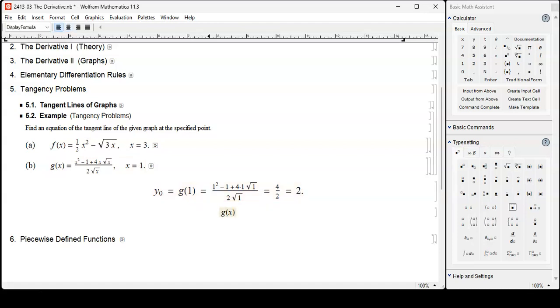Now, this is going to be a challenge. We have an enormous fraction here. Is there any good way to take the derivative here? Well, the only rule we have is the power rule, so we want some power functions.